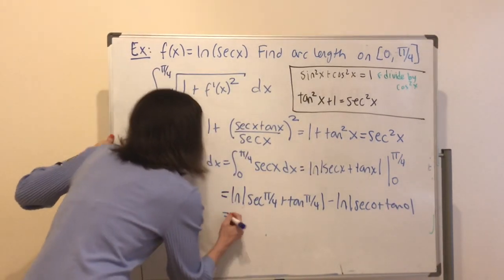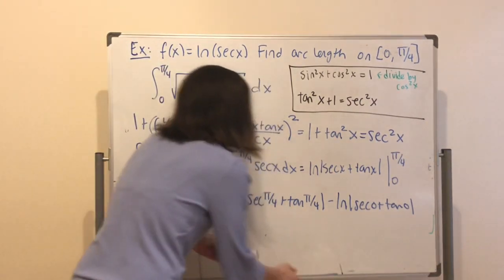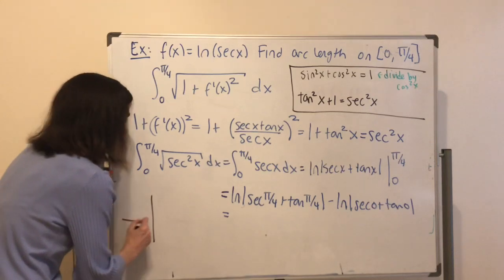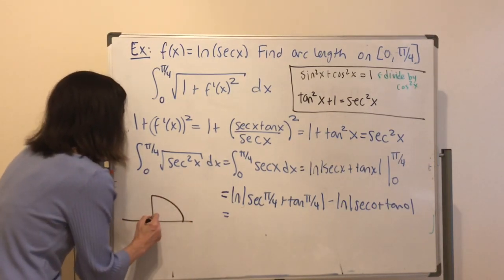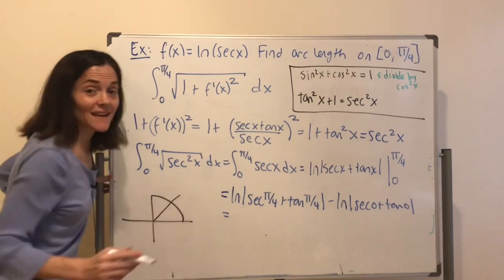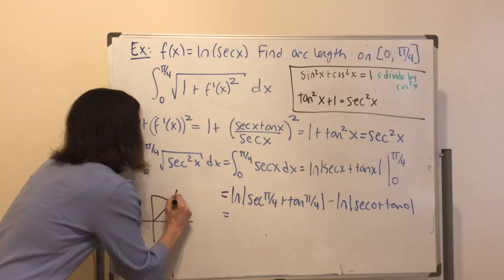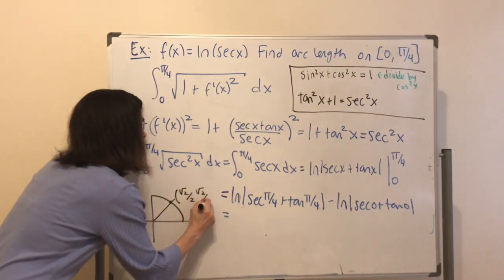Now, maybe it's good I erased the antiderivative so I can draw my unit circle and we can remember what happens at pi over 4. In fact, I really only need to draw the first quadrant. At pi over 4, the sine and the cosine are the same, and they are square root 2 over 2, comma, square root 2 over 2.